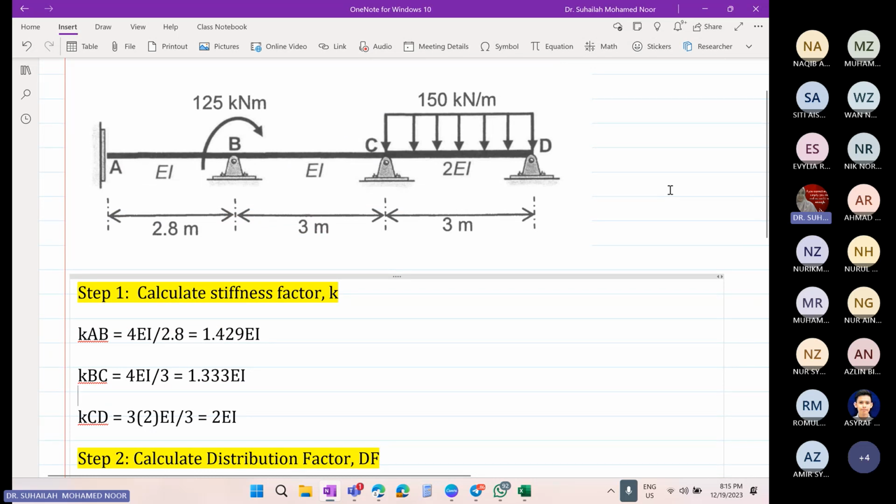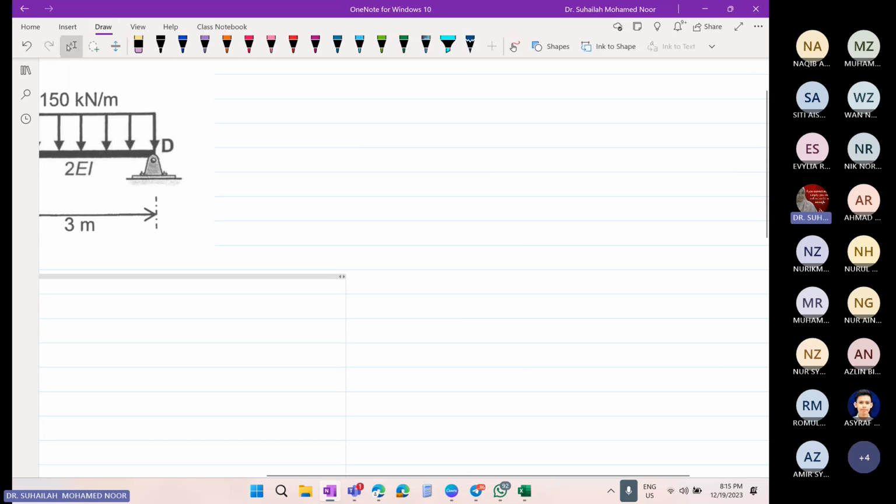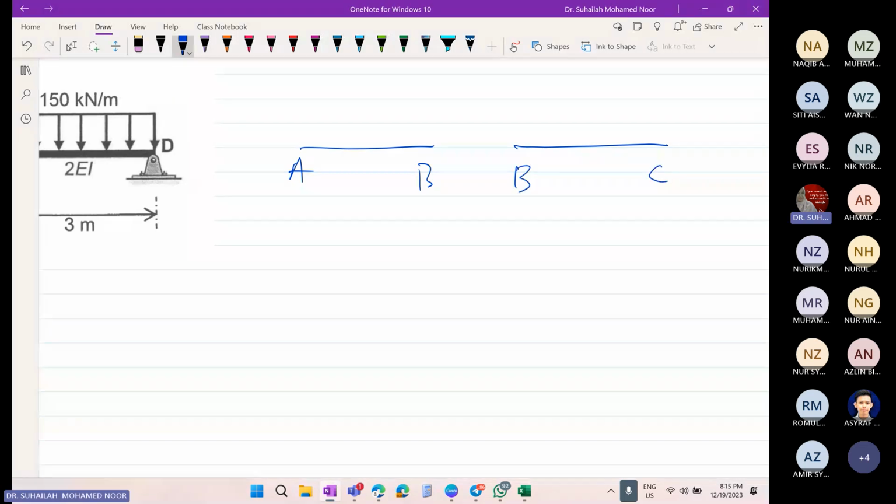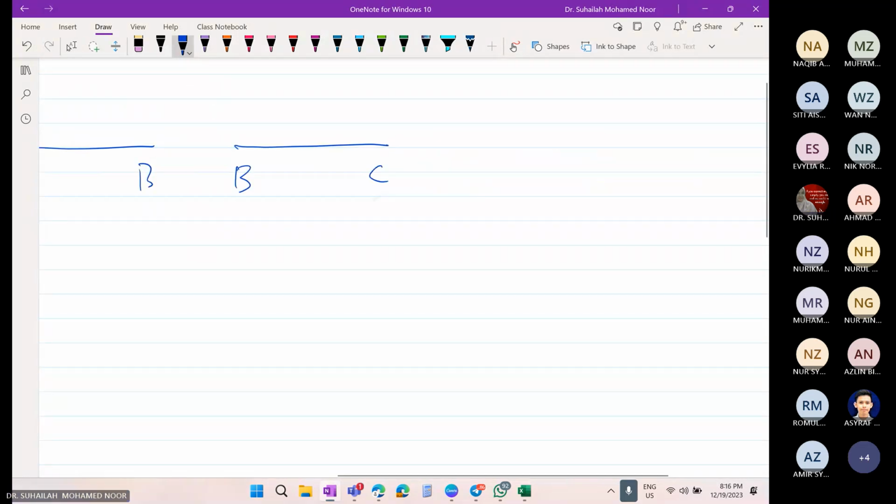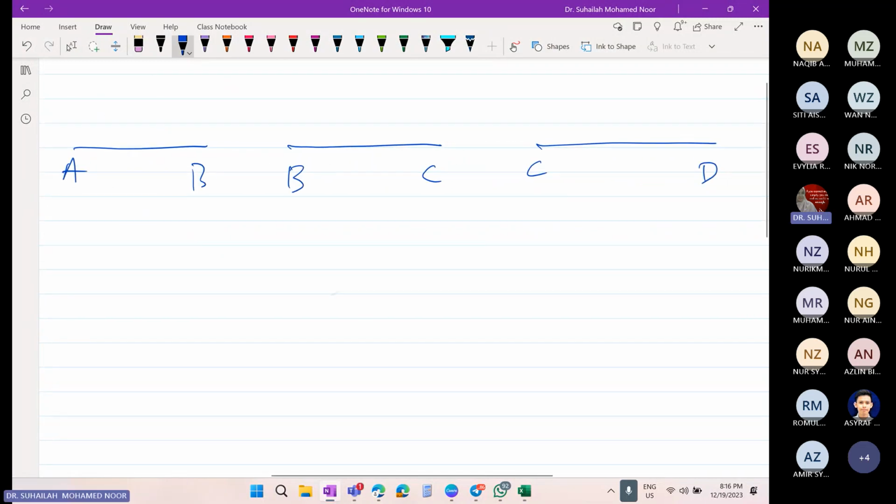We have 3 members: member AB has 2 ends, BC has another 2 ends, and CD has another 2 ends. Member end moments referring to all these 6 ends are MAB, MBA, MBC, MCB, MCD, MDC.